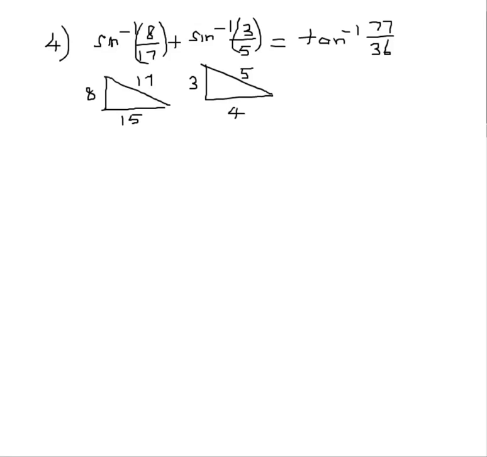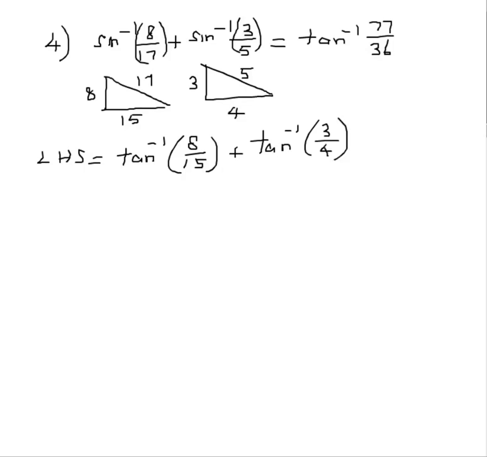Now the left hand side, I am changing both sine inverse to tan inverse. So use the first triangle, it is 8 by 15, and use the second triangle, it becomes tan inverse of 3 by 4. Now let us use the tan inverse of x plus tan inverse of y formula. I am writing the formula.